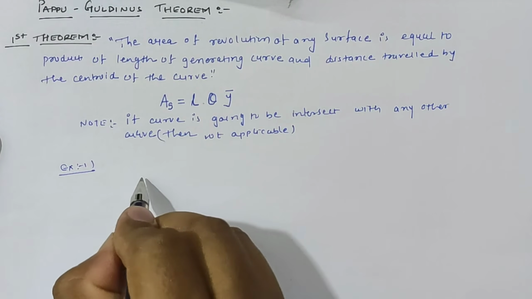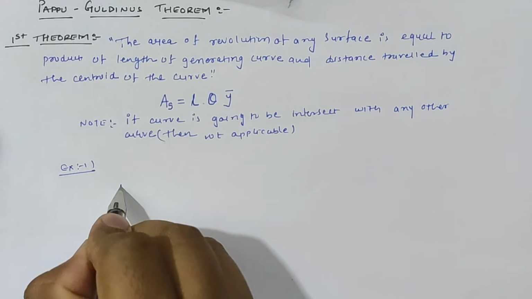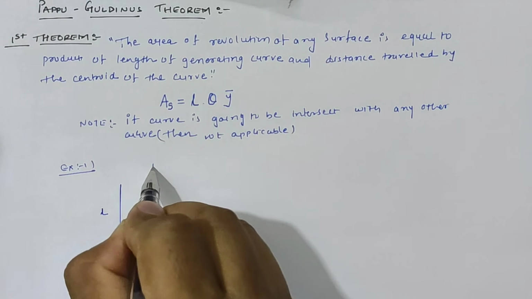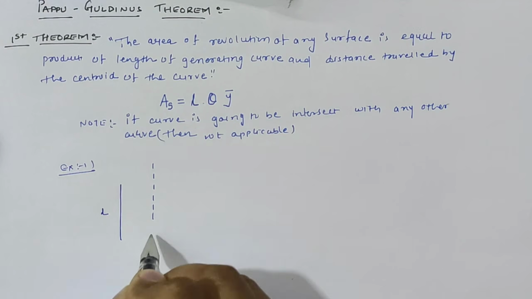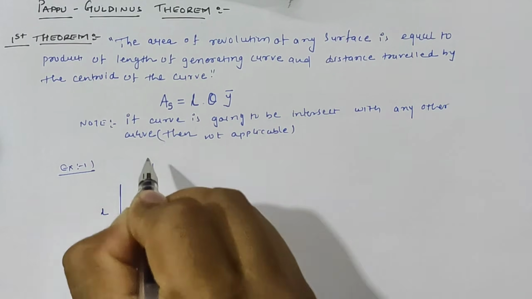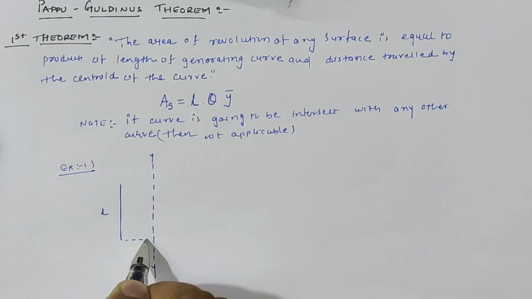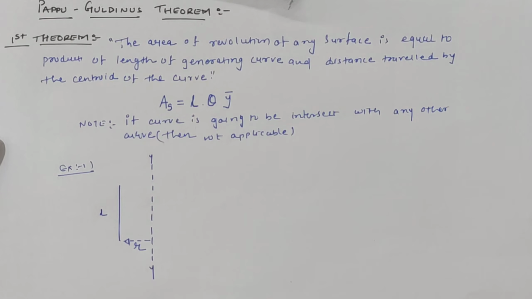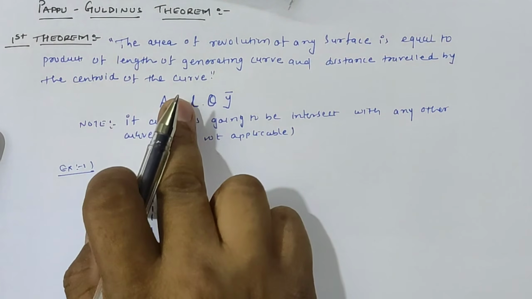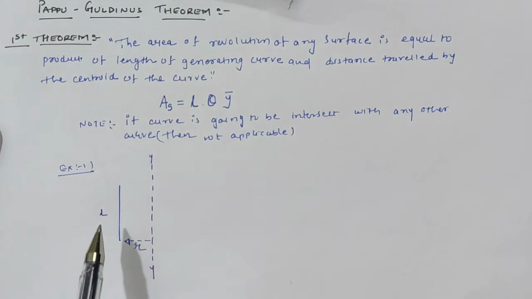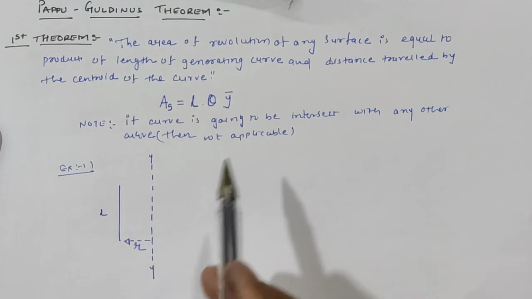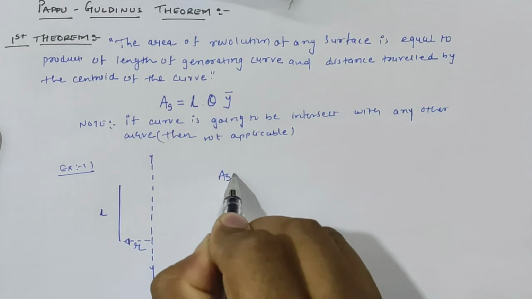If we have a particular vertical line having a length L and it is revolved about the YY axis at a distance R from the YY axis, then according to the mathematical equation, the area of this generating curve about the y axis is A_S.